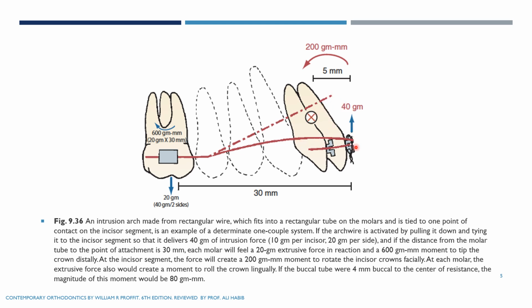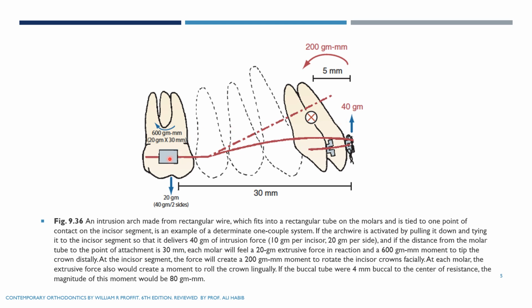Tying this wire anteriorly at the level of the brackets as an intrusive force will create a moment equal to the force, 40 grams, times the distance between the bracket and the center of resistance of this giant tooth, which was calculated to be 5 millimeters. So the anterior teeth will experience a flaring effect or counterclockwise moment in this view. How much is it? It's about 200 gram millimeter, because 5 times 40.